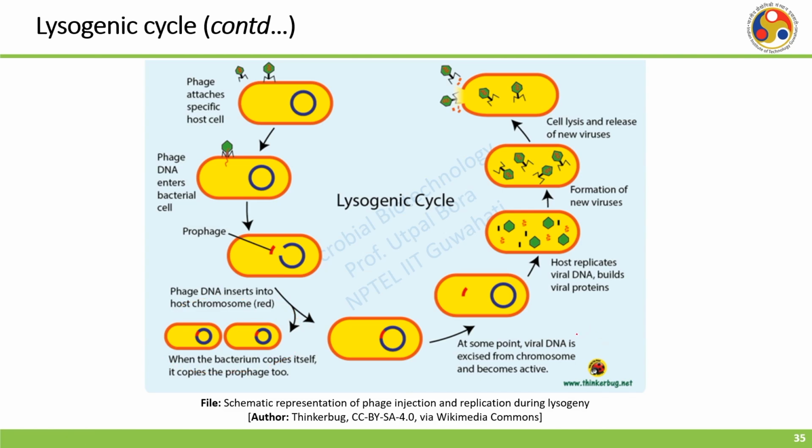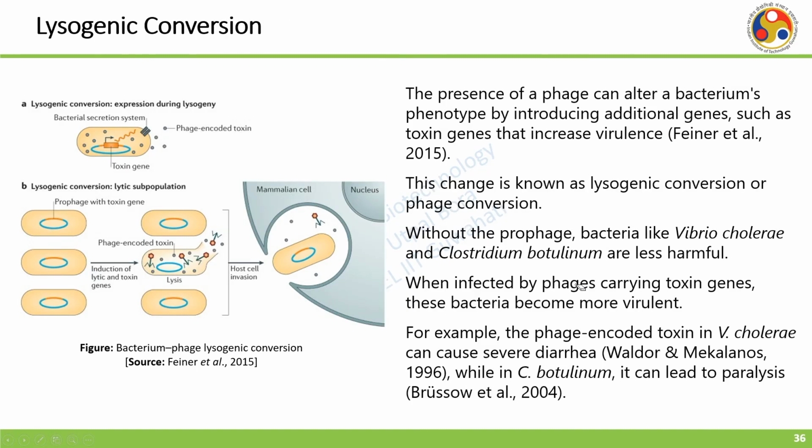At some point viral DNA is excised from the chromosome and becomes active. Then the host replicates viral DNA, builds viral proteins, and then new viruses form, and then it goes on to cell lysis and release of new viruses.